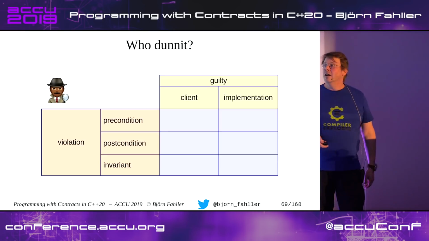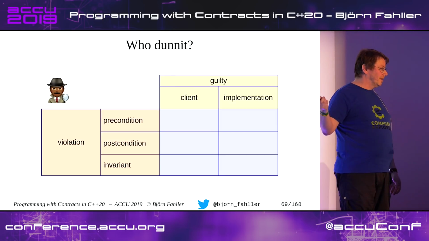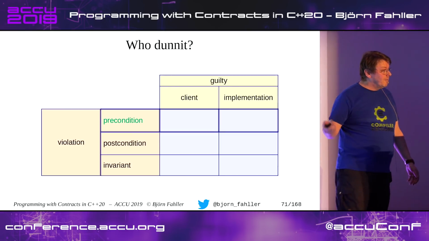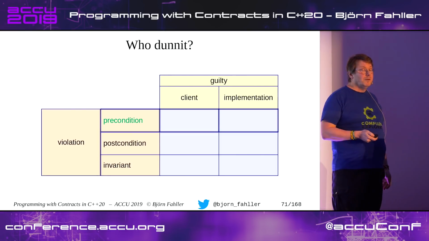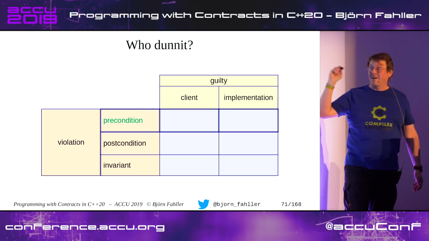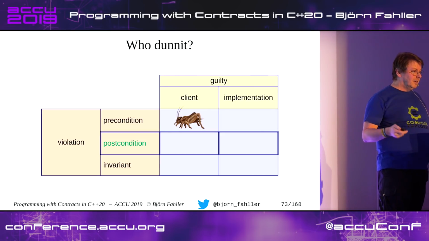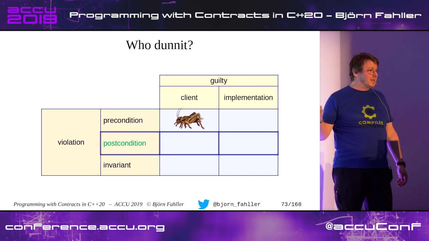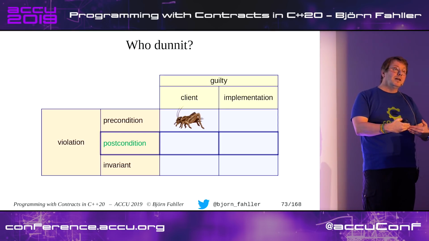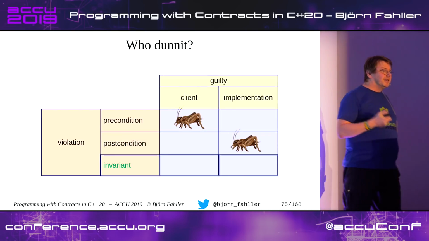So if we do have a contract violation, we have this detective story that is extremely uninteresting because it's elementary. If we have a precondition violation, who is the guilty party? The client. We have a bug in the client. A postcondition violation, provided that we don't have a precondition violation. Who is the guilty party? Implementation. Yes, you're getting this. Invariant violation.